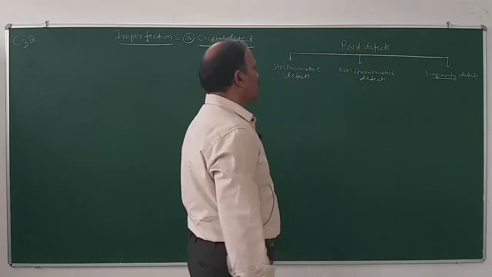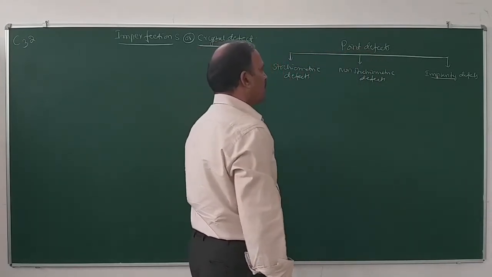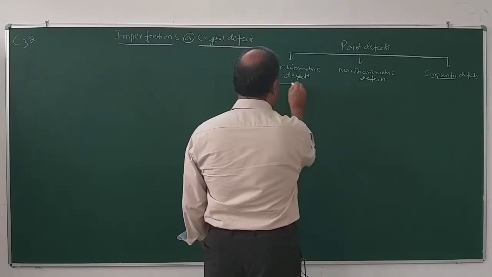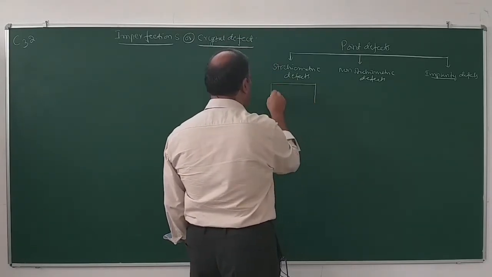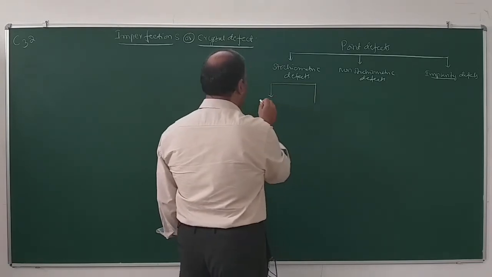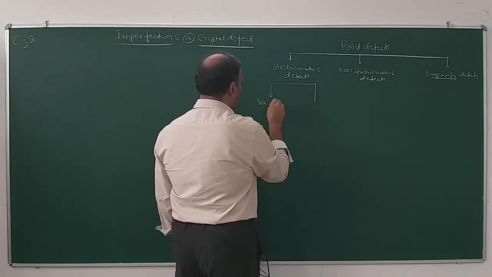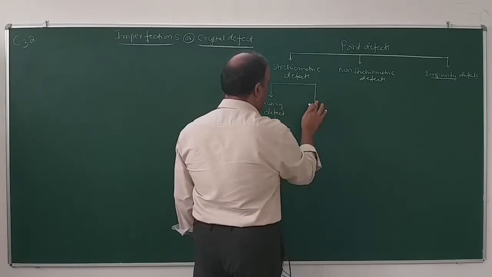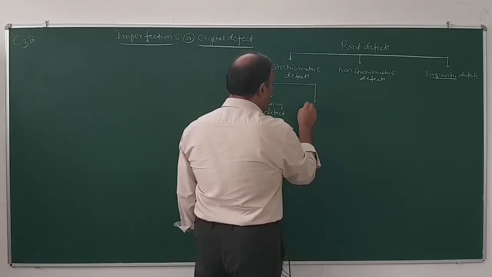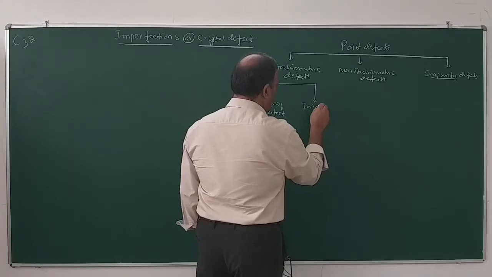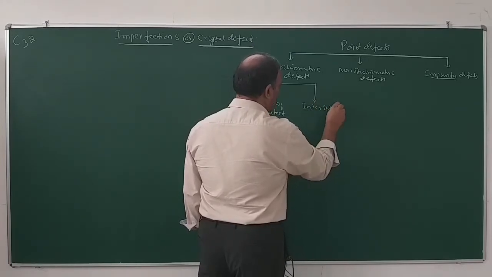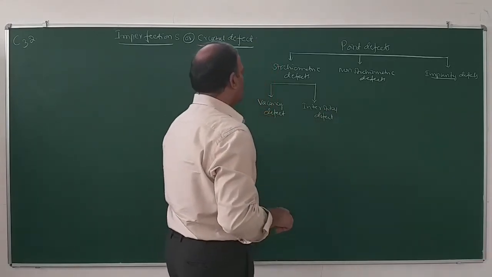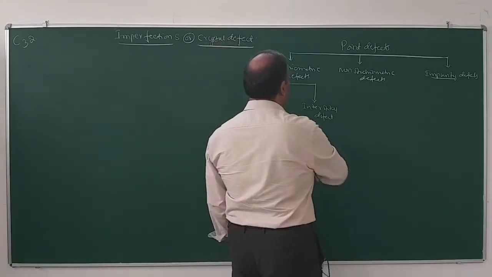Coming to stoichiometric defects, again there are two types. One is vacancy defect, and number two, interstitial defect. So, these are the two types in stoichiometric defect.